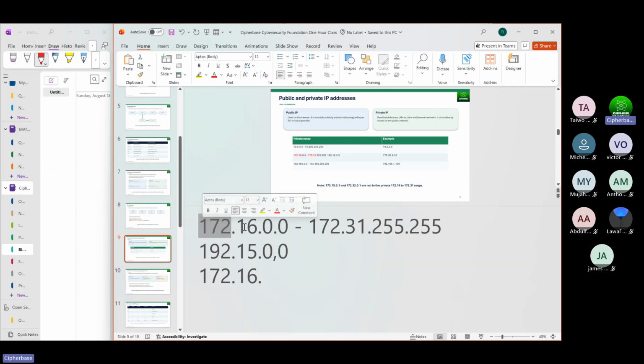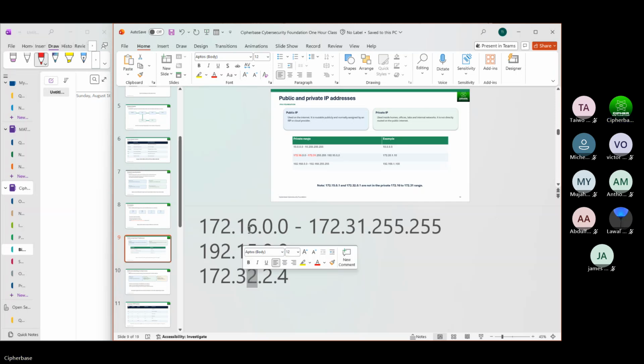But what will make you know that this one is private or public is that the second octet must be between 16 and 31. So in a situation whereby we have 32 here, and maybe dot anything at all, dot 1, dot 3, dot 4, you should know that this one is no more in range between 16 and 31.